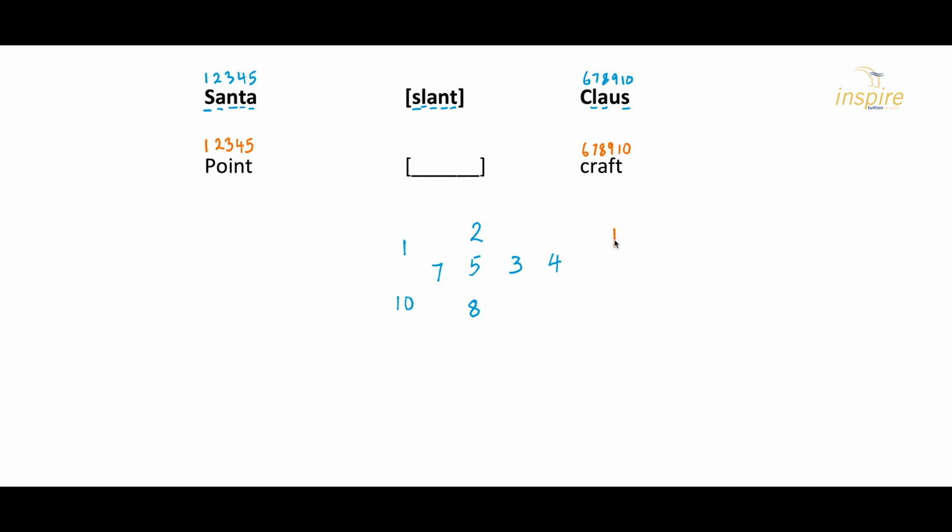So 1 is a P, 10 is a T, the 7 is a R, the 2 is an O, the 5 is T, and the 8 is an A. The 3 is I, and finally the 4 is N. Now looking at that, I can straight away see a word that jumps out at me.